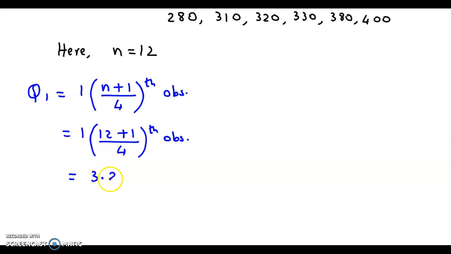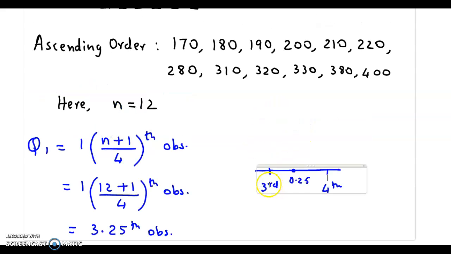So 3.25th observation. Now this observation would lie between the third observation and the fourth observation. Okay, somewhere over here, 3.25. Now the third observation, if we see 1, 2, 3, is 190.